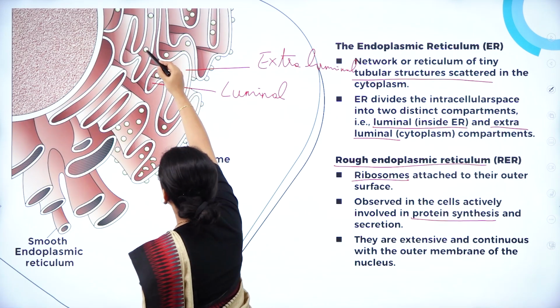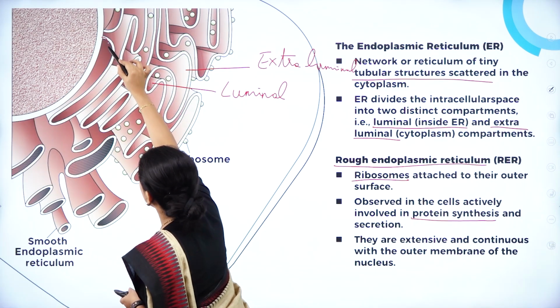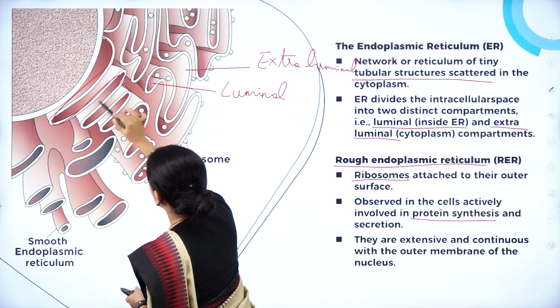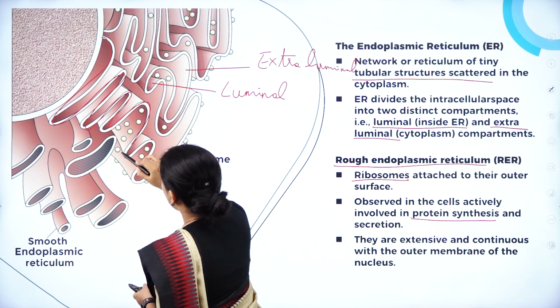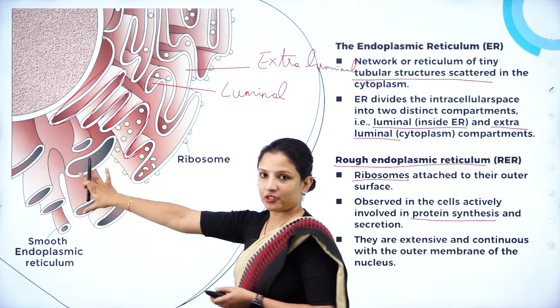If you can see here, all these are the ribosomes, and they form a continuity right from the nuclear membrane itself. And this further continues to form the smooth endoplasmic reticulum.